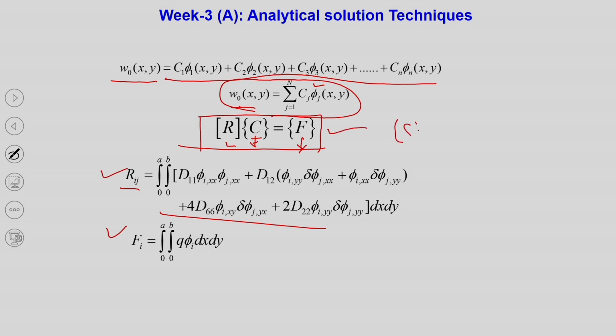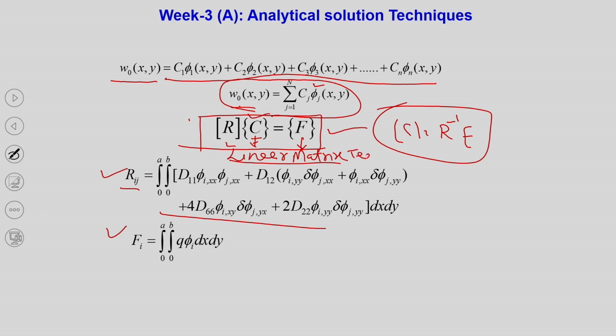C can be R inverse of F, or sometimes using Gauss elimination or other techniques one can find this C. Sometimes finding the inverse may be difficult or it may be ill-conditioned. So from that point of view, one can use other linear algebra or matrix techniques for solving.